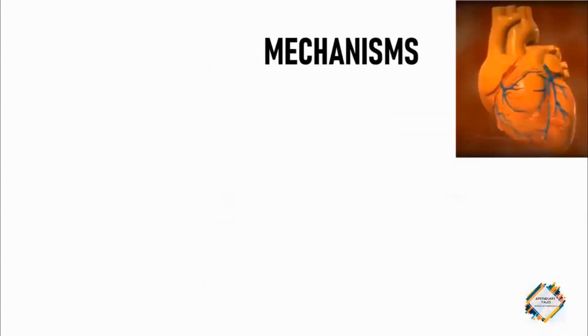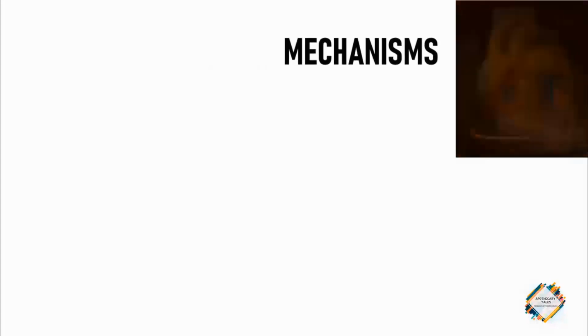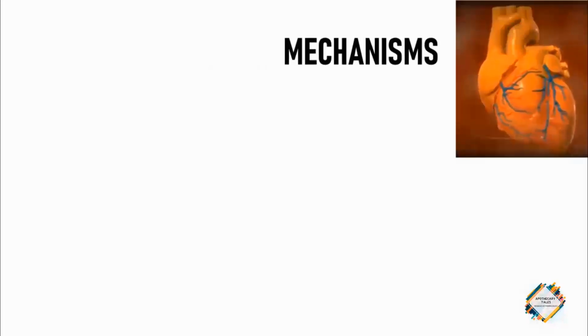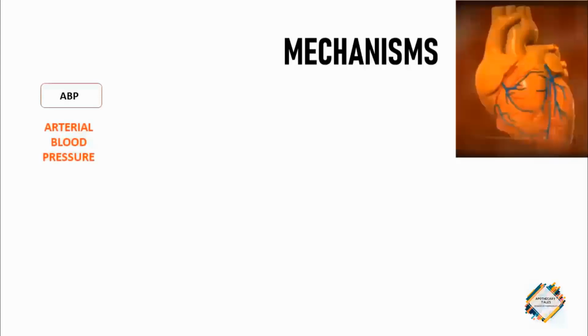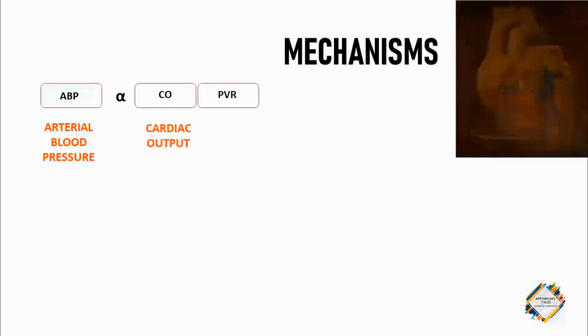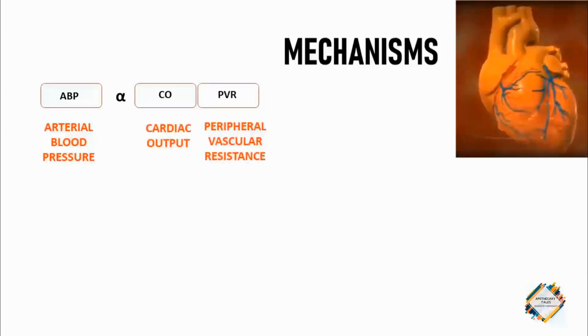Next, we are looking into the normal mechanisms present in our body to maintain the blood pressure. The arterial blood pressure depends on two main factors. That is the cardiac output and peripheral vascular resistance. The arterial blood pressure is directly proportional to the cardiac output and the peripheral vascular resistance.